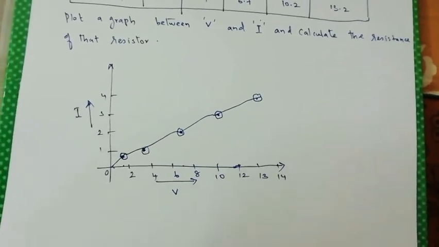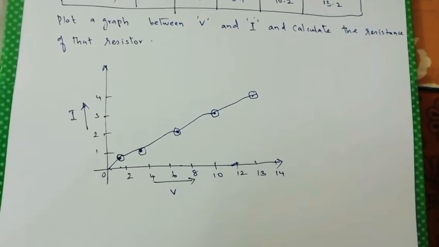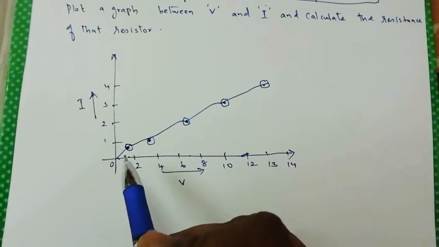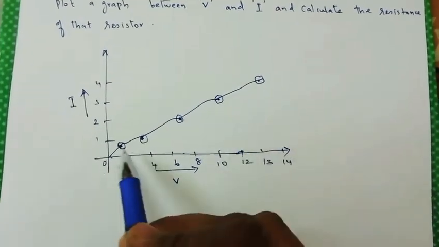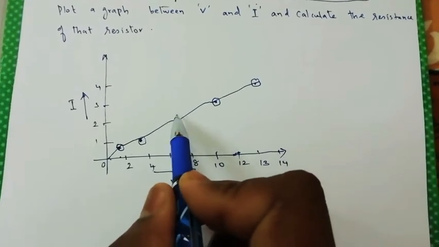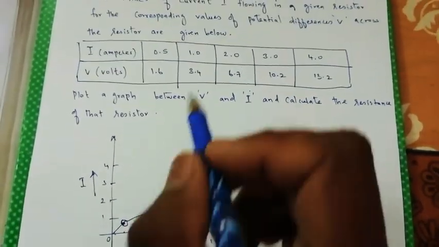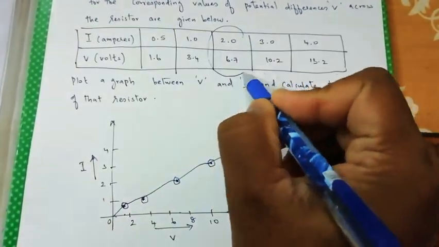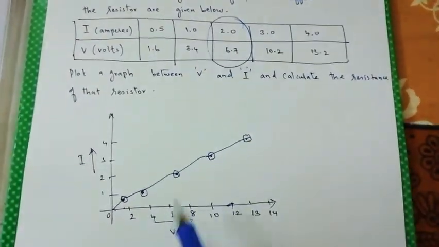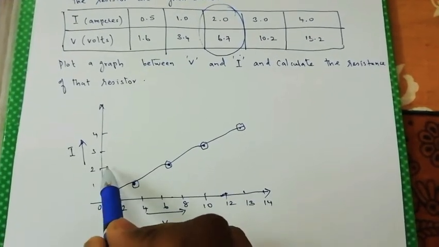Okay, so to find the resistance of the resistor, let us assume any of these points. We have 1, 2, 3, 4, 5 points. Let us take this point. Here at this point it shows 6.7, and 2 is the current. So we will write like this.